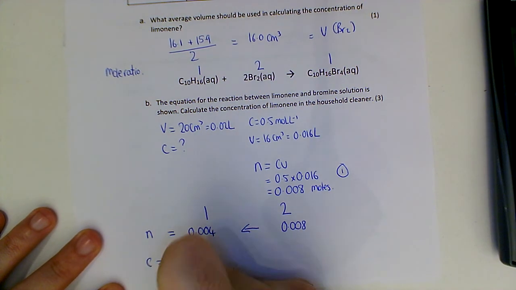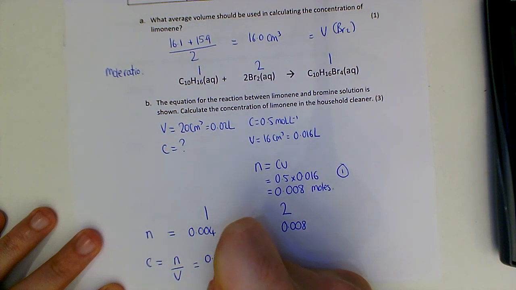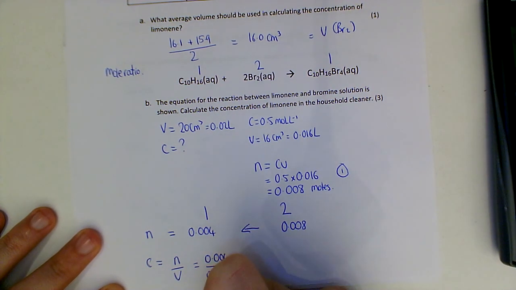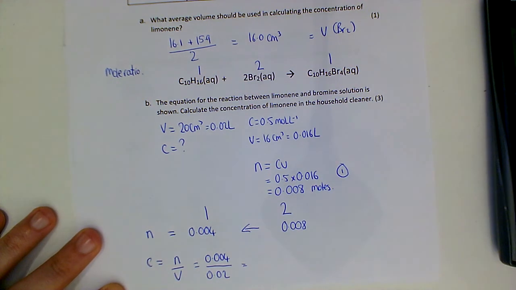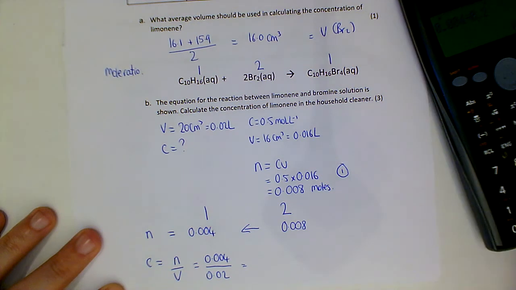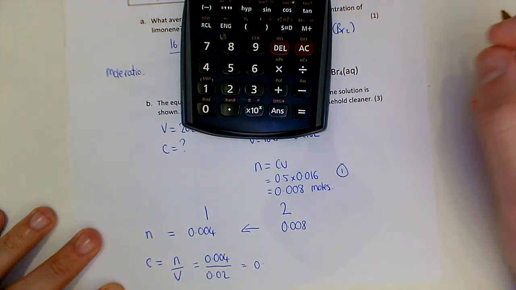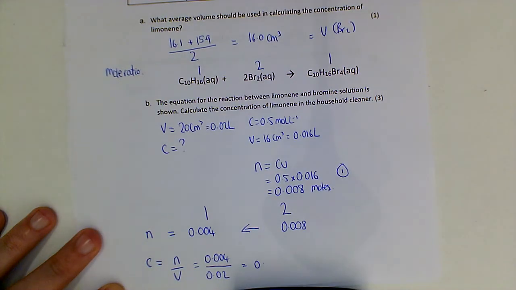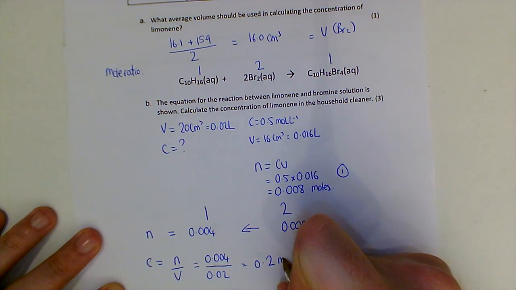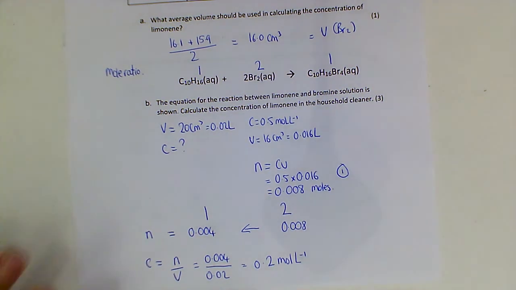Concentration equals n over V. So that's going to be 0.004 divided by 0.02, which equals 0.2 moles per litre. So that's how we do that question.